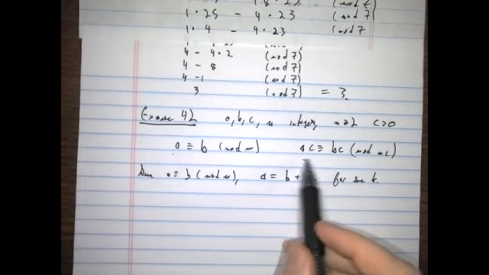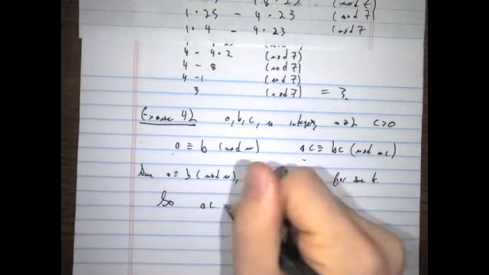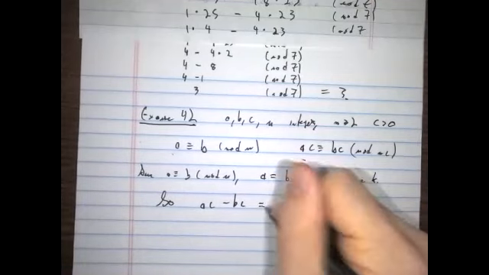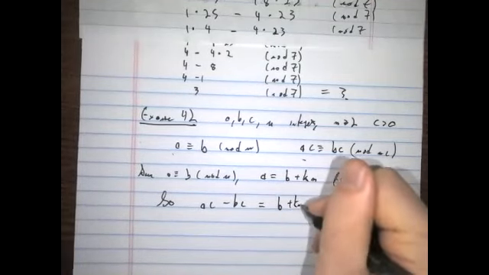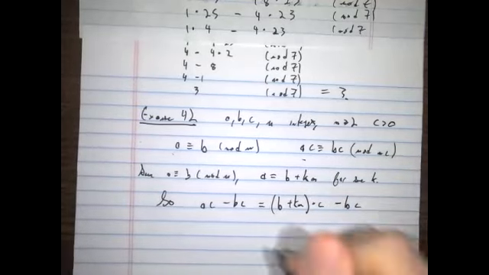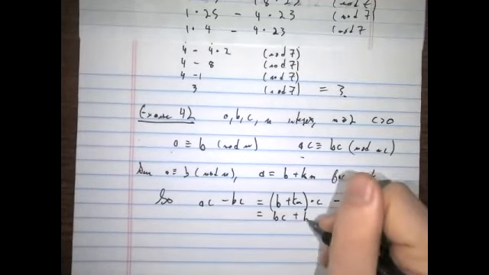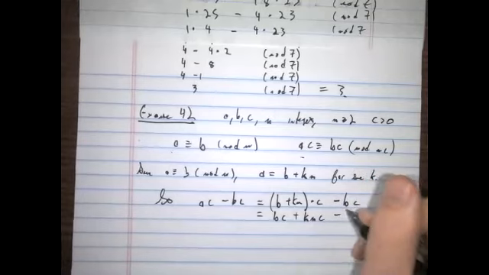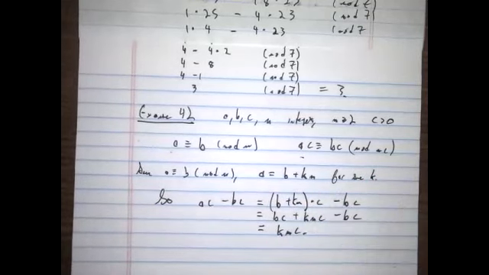So now what I should do is I should examine ac minus bc. So ac minus bc is equal to (b plus km) times c minus bc, which is equal to bc plus kmc minus bc, which is equal to kmc.